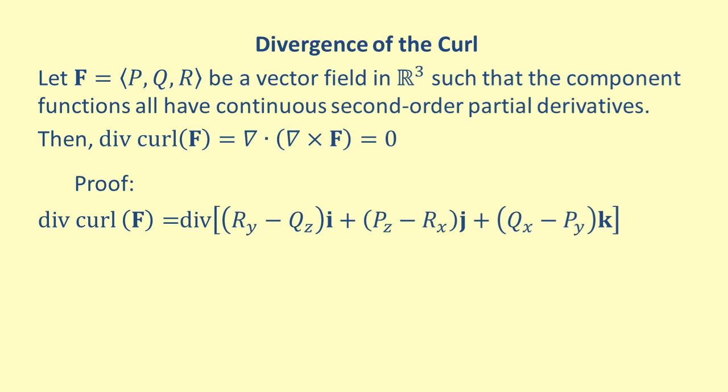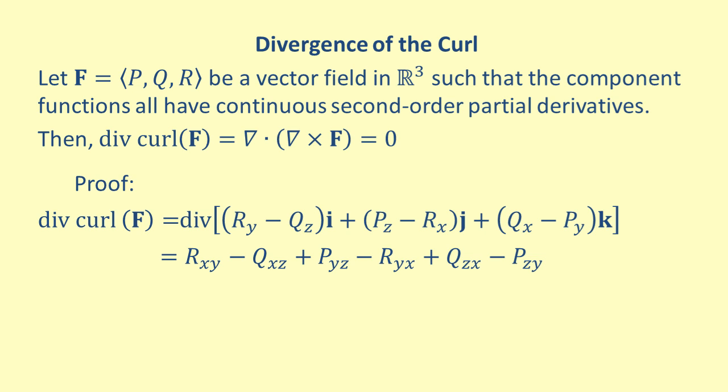We have the divergence of the curl of F is equal to the divergence of the quantity R sub y minus Q sub z times the unit vector i plus the quantity P sub z minus R sub x times the unit vector j plus the quantity Q sub x minus P sub y times the unit vector k.